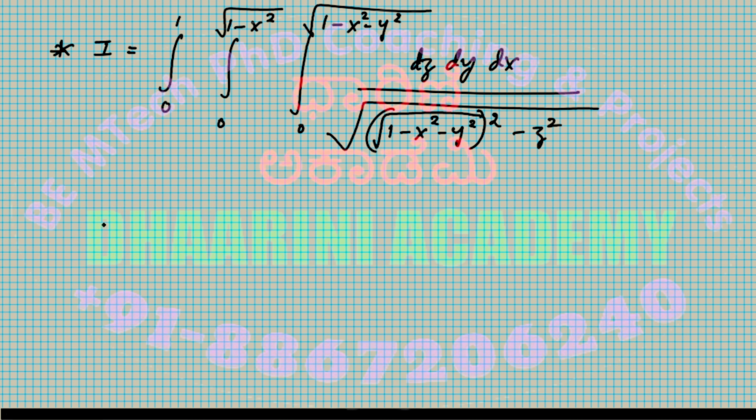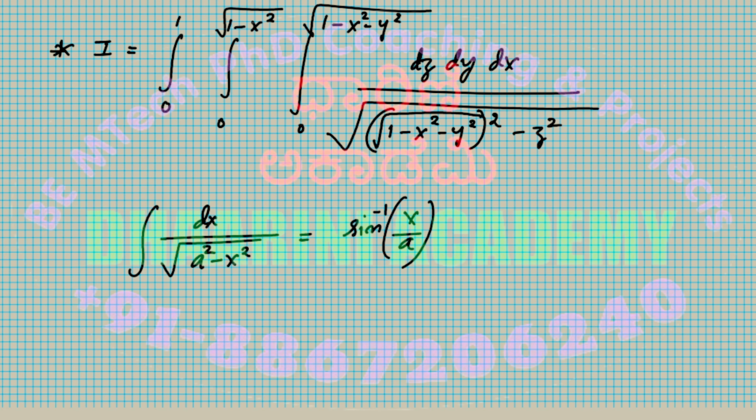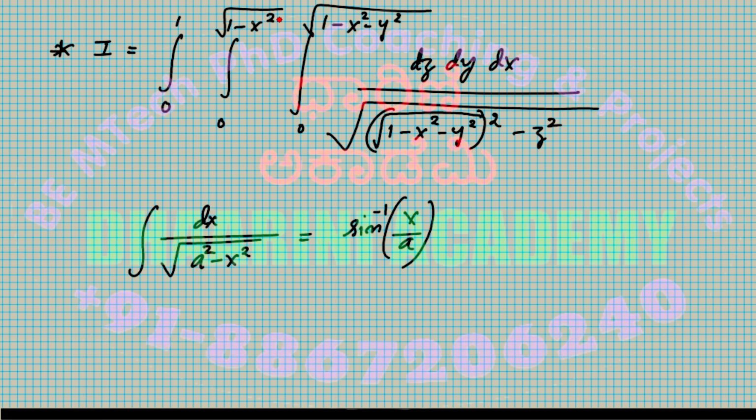What we are going to use is this formula. If you have an integration of something like dx divided by root of a square minus x square, the answer of integration is simply sine inverse of x by a. That means you don't have to do the whole term.